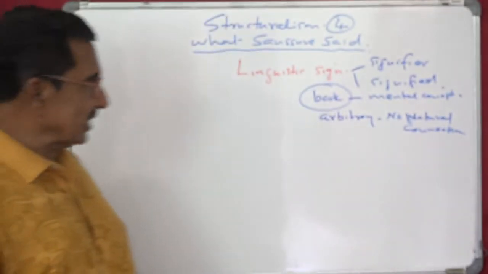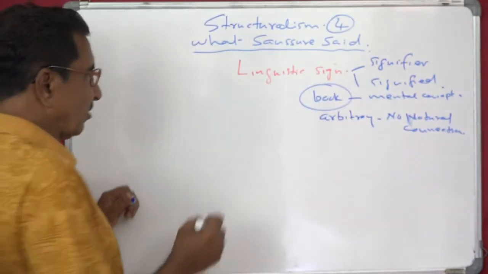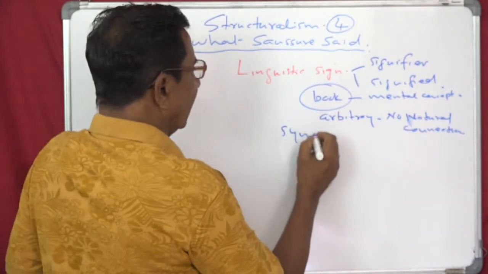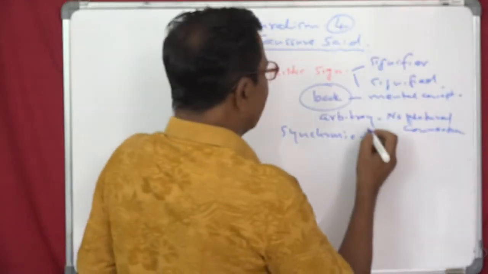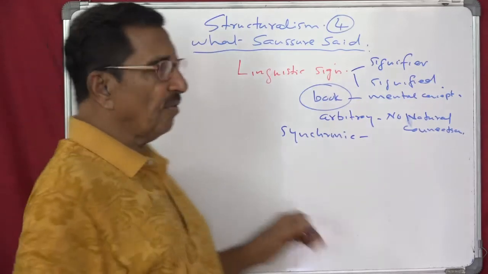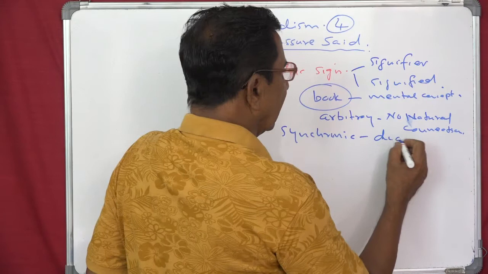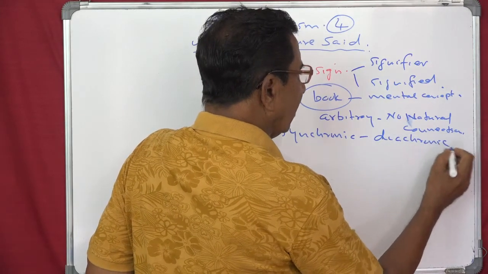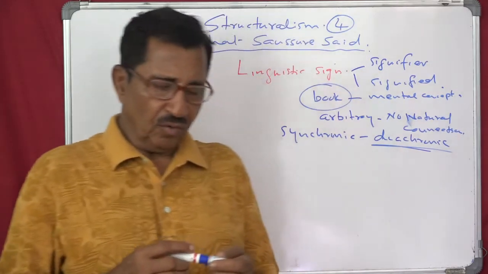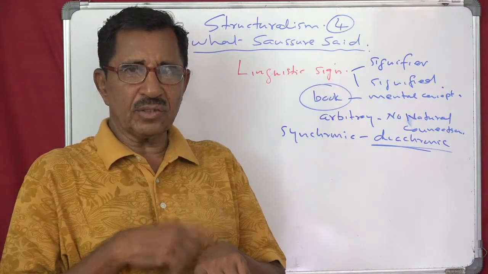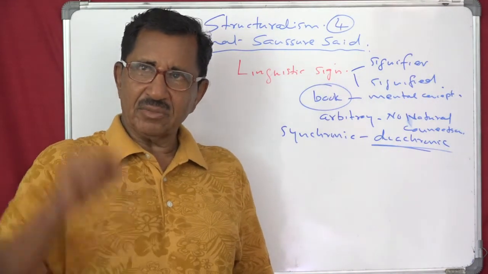Then another structuralist vocabulary is synchronic and diachronic. I have explained this elsewhere also, but once again, because we want a summary of what Saussure said, structuralist vocabulary: synchronic and diachronic. Now diachronic means through time; chronos means time. Once upon a time, the wristwatch or clock used to be called a chronometer, meaning measuring time.